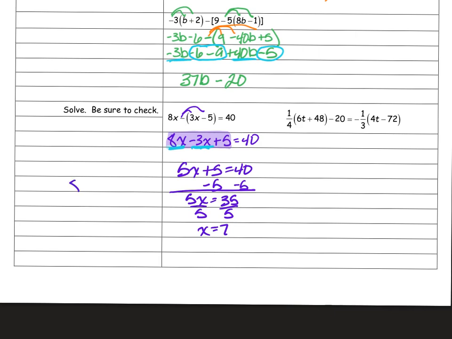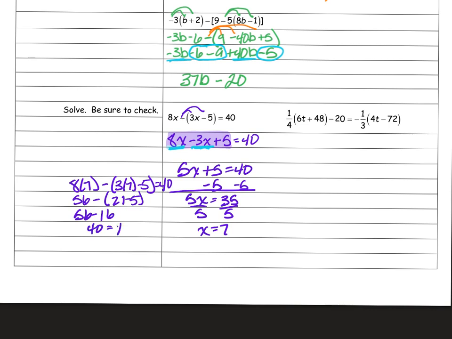So I've got 8 times 7 minus 3 times 7 plus 5 equals 40. So I want to basically work on this side. So 8 times 7 is 56, I think, minus 21 plus 5. So 56 minus 16, which is 40.